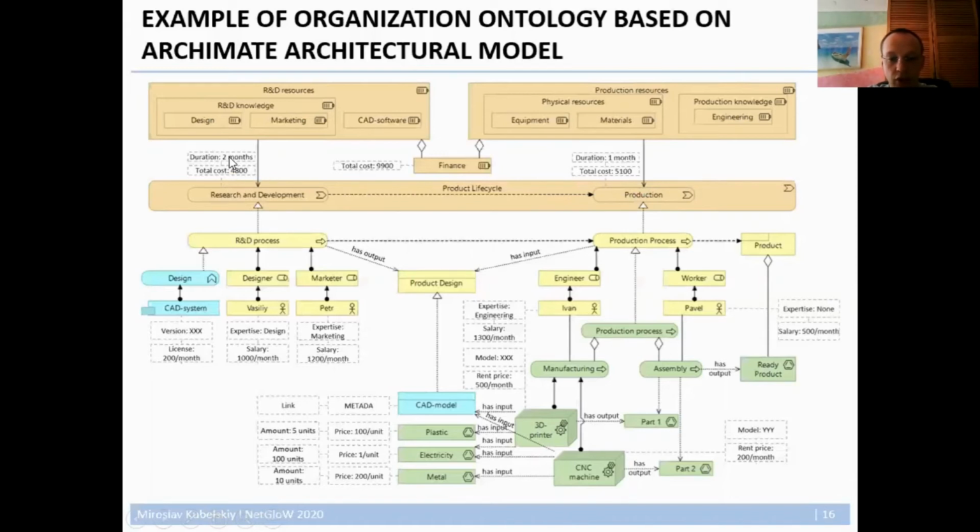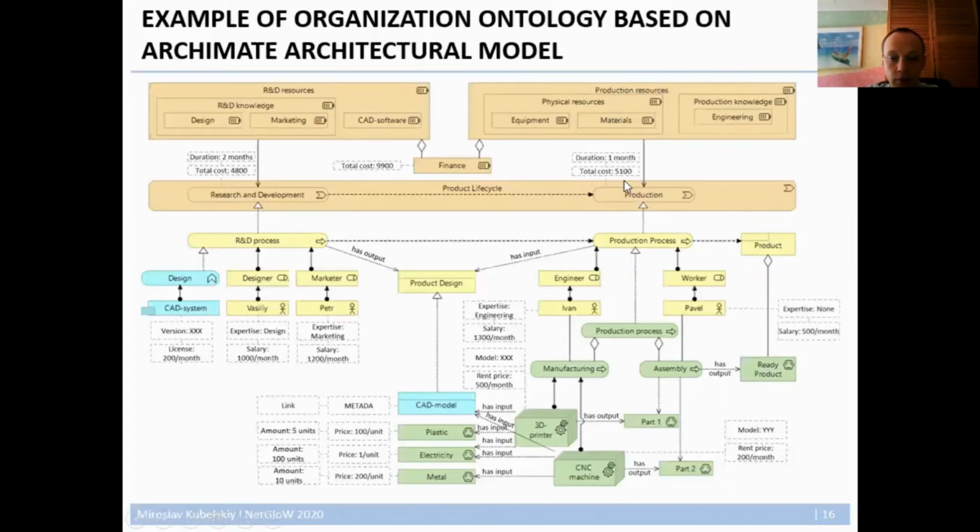For the implementation of each of these stages, a specific set of resources is required, including finance, special type of knowledge, and CAD software for the R&D process, and physical resources such as equipment and material for the production phase.